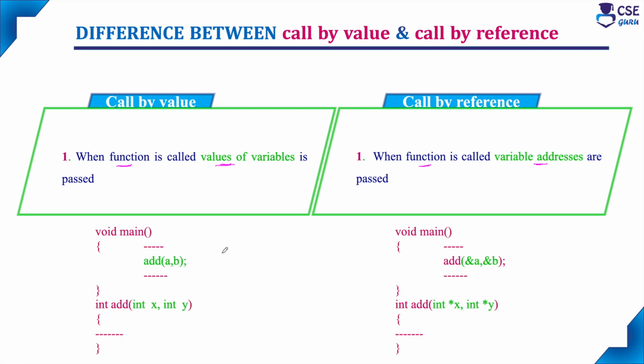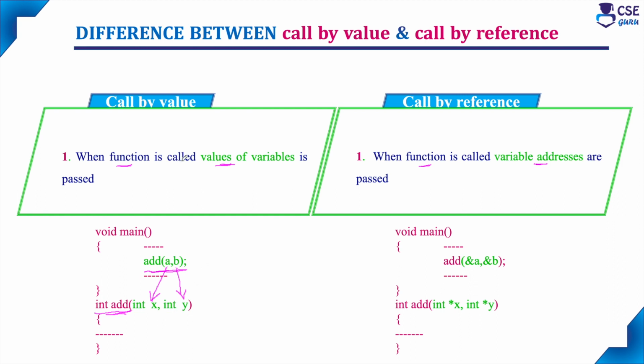For example, if you are considering, this is the function call and this is the called function. So here in function call, the A and B are nothing but the actual parameters. The actual parameters will send values to formal parameters. So the value of A is copied to variable X and value of B will be copied to variable Y in formal parameters.